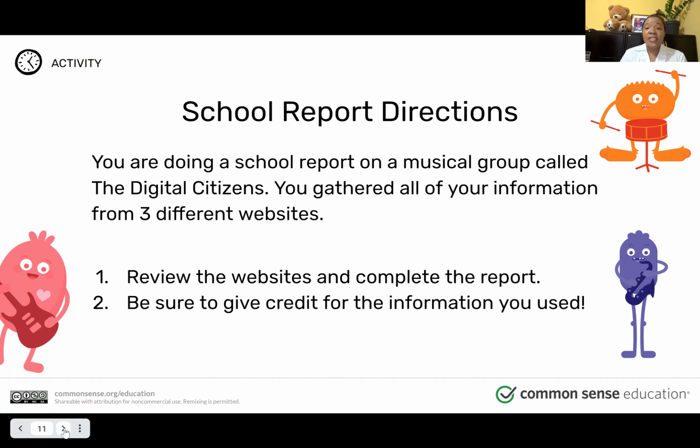So here it says, school report directions. You are doing a school report on a musical group called the Digital Citizens. You gathered all of your information from 3 different websites. 1, review the websites and complete the report. 2, be sure to give credit for the information you used.